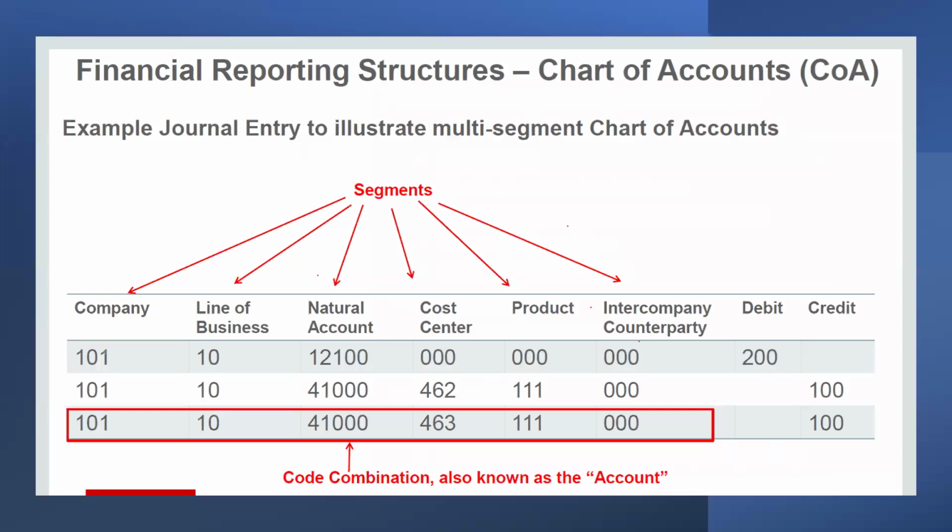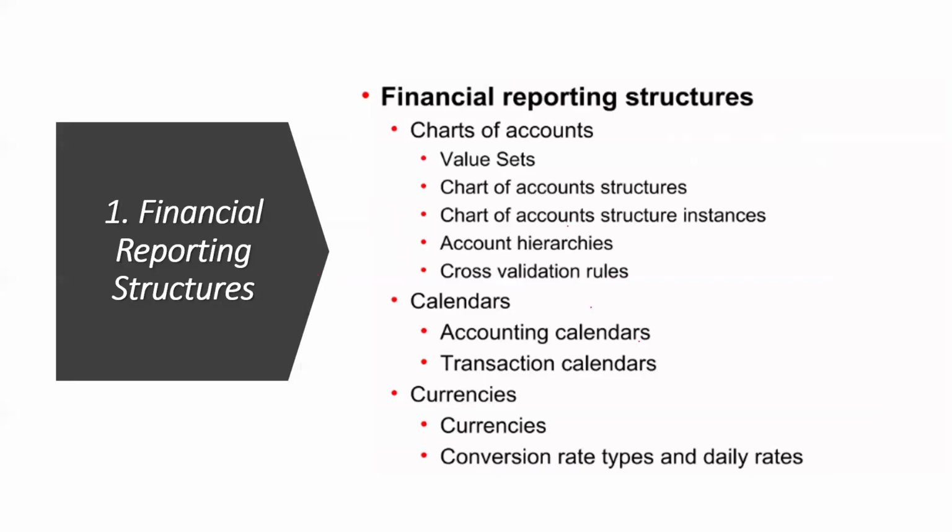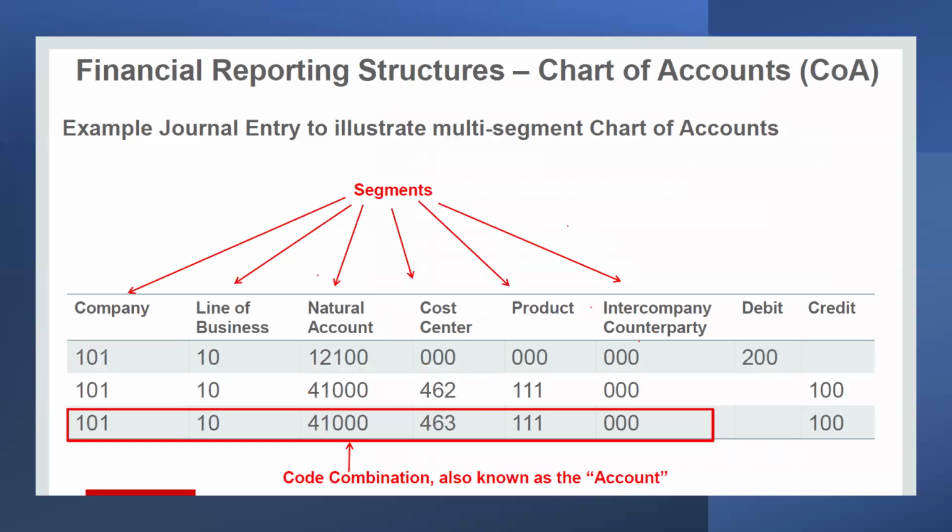Let's take the first component, chart of accounts. How can we see this chart of accounts at the application level? When you create one transaction, the transaction will be created as an accounting string. Simply you can see here, three lines are created: one line debited 200, two lines credited 100.